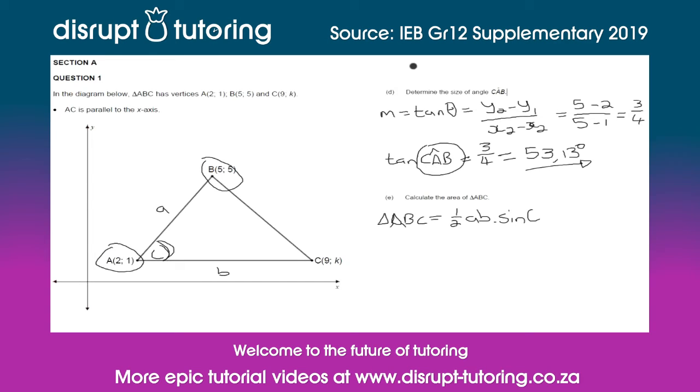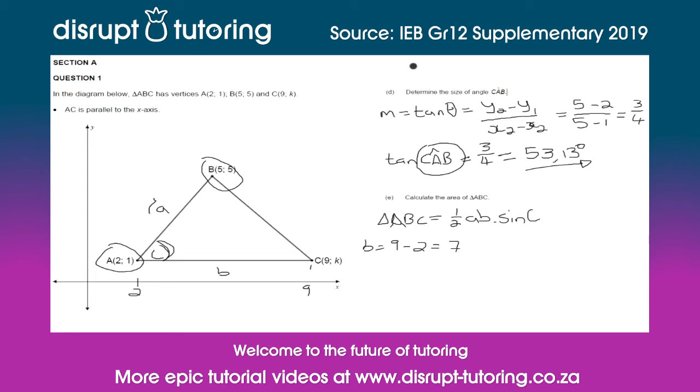Now to get this length of B, you can clearly see that on the x-axis it's at the x value of 2, and C is at an x value of 9. So just as a side calculation, B would equal the difference between 9 and 2, which we know is 7.